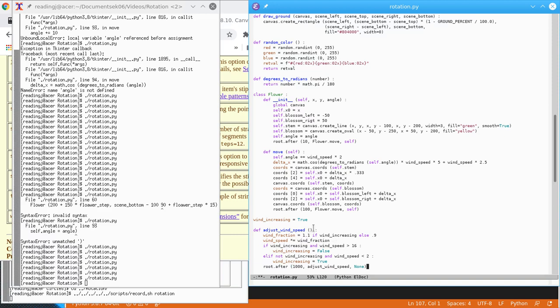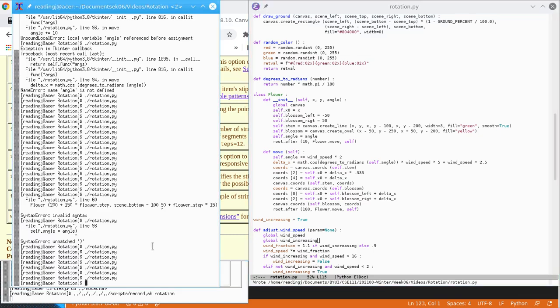Okay, so this needs to take param equals none, so that's an optional parameter. And I need to say global wind speed and global wind increasing.